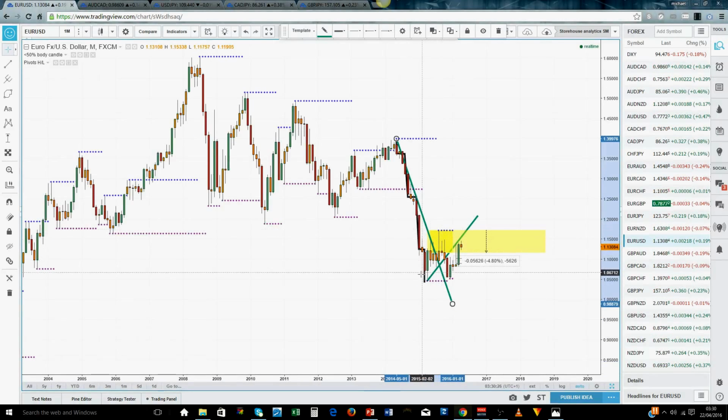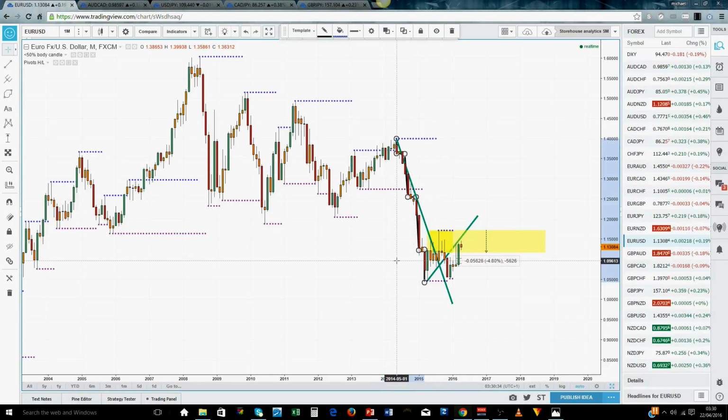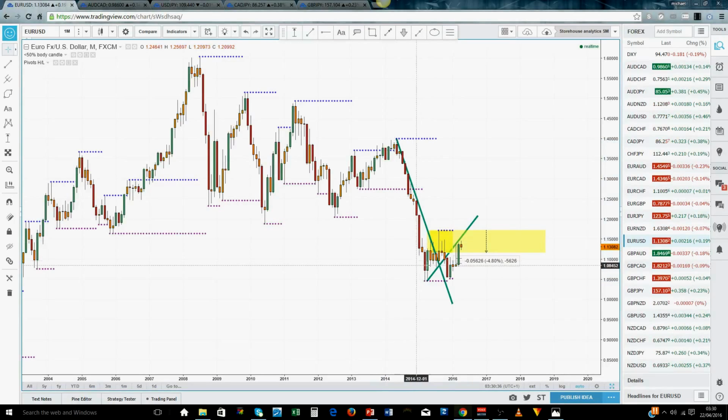Okay, so the question then was, do we have a clear base in here that we could trade? I'm just going to take this off so it doesn't obscure our view. Do we have a clear base in here that we can say was responsible for the break of the trend line? Question one. Question two, where's the rally from this area?